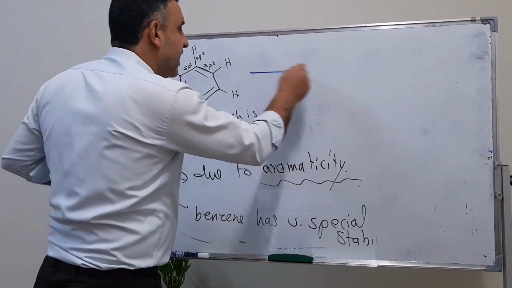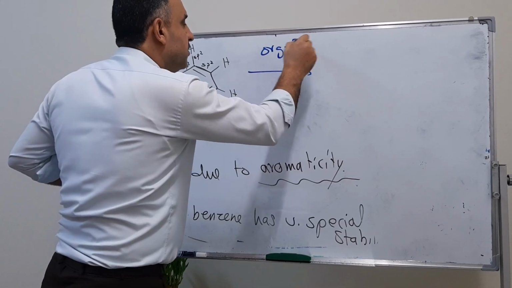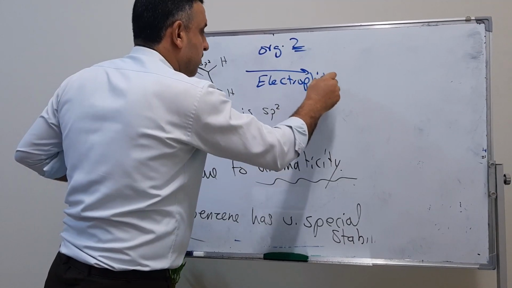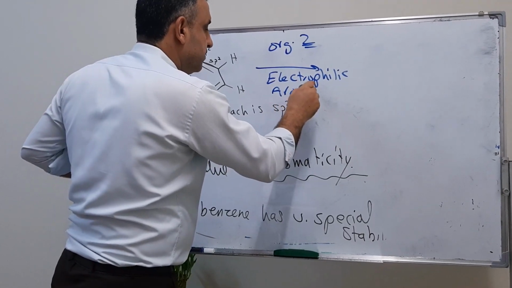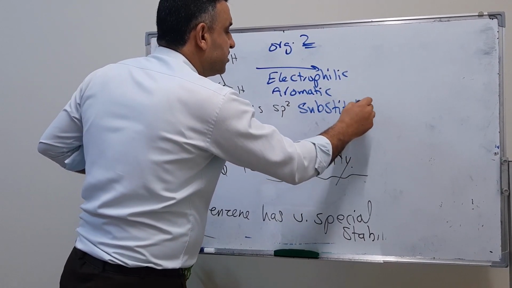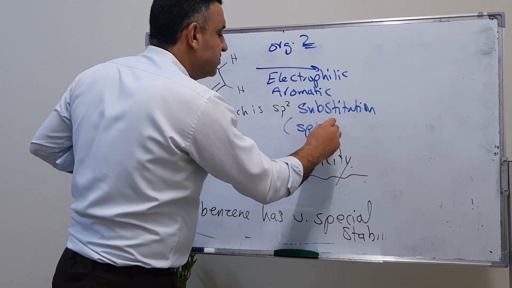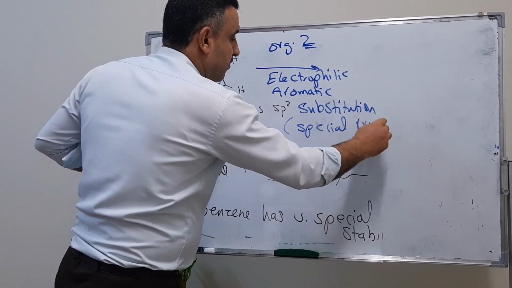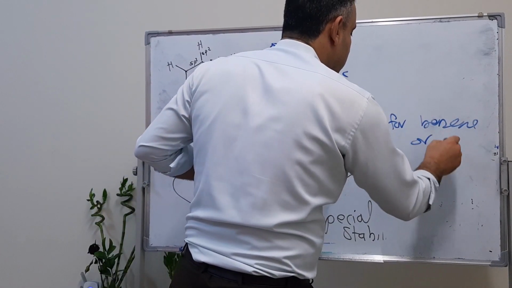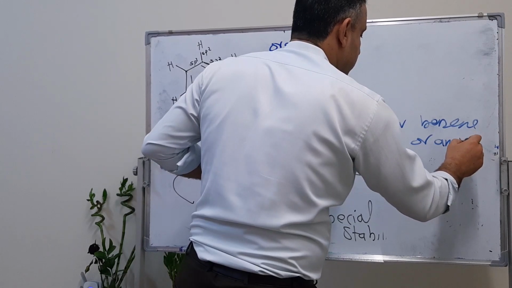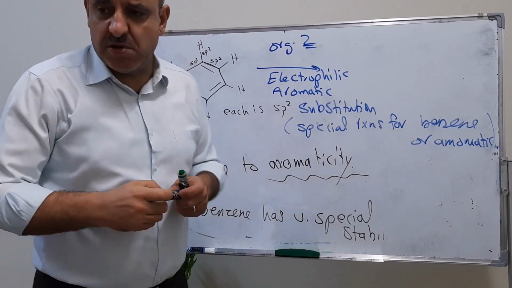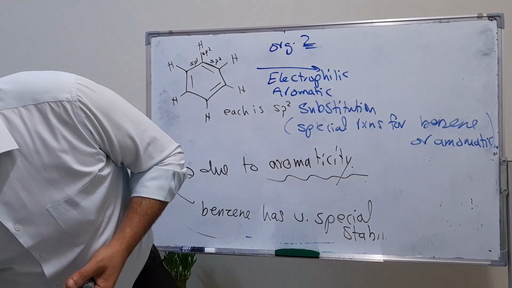Actually, in the chapter in Organic 2, you are going to study what we call electrophilic aromatic substitution reactions, which are special reactions for the benzene system or aromatic system. This is the first chapter which you are going to study in Organic 2.